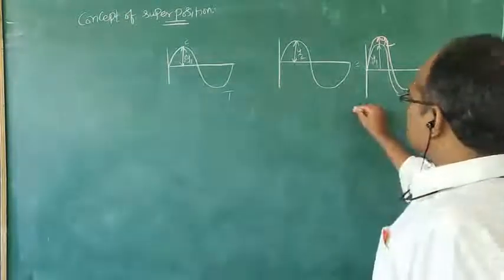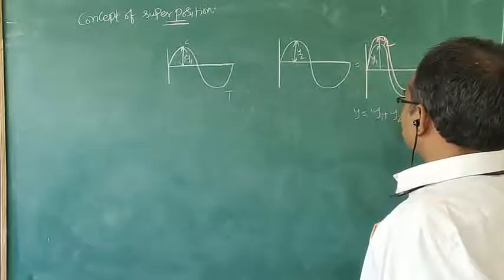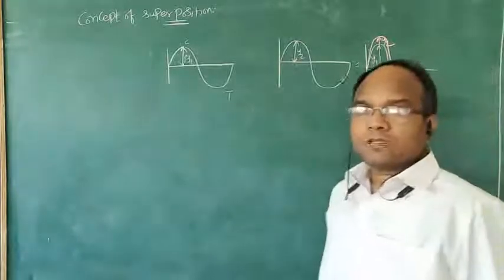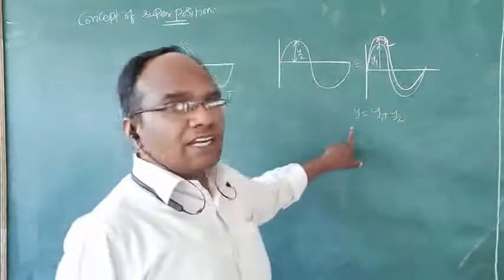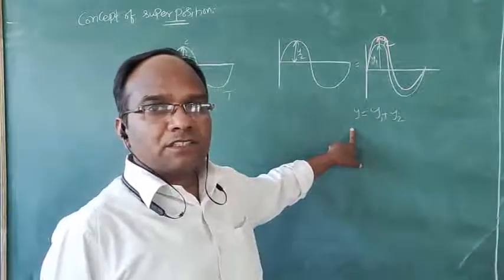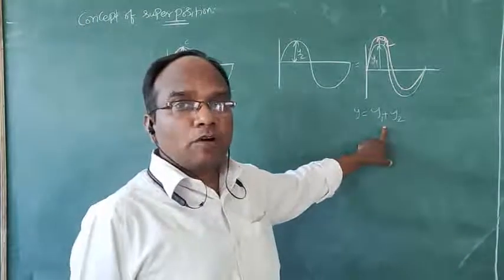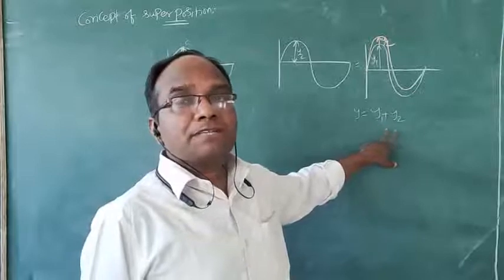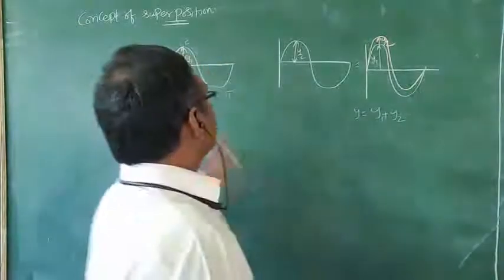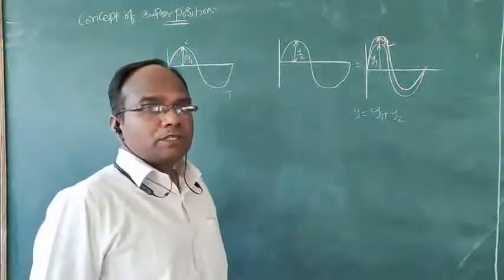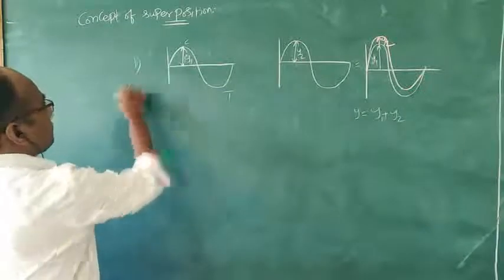So the total is Y is equal to Y1 plus Y2. Okay. So what is the meaning of this? It means the resultant displacement of a wave is equal to the vector sum of the individual displacements of the waves, which is called superposition.